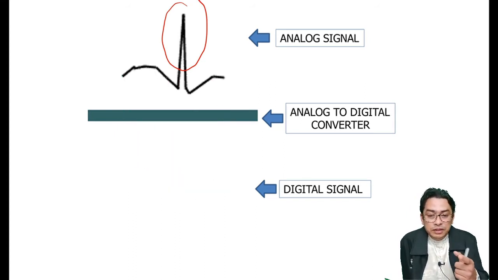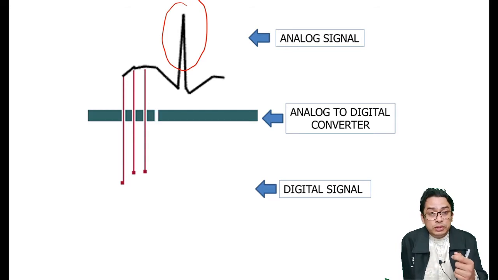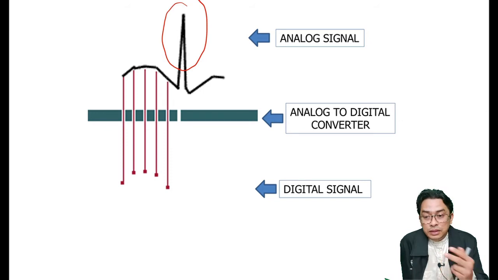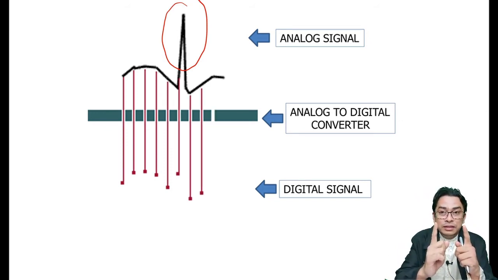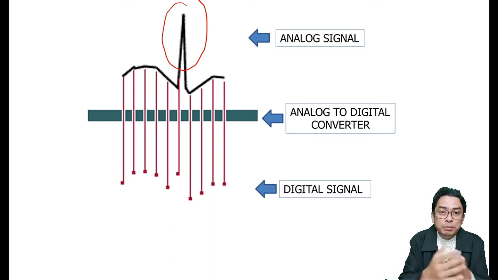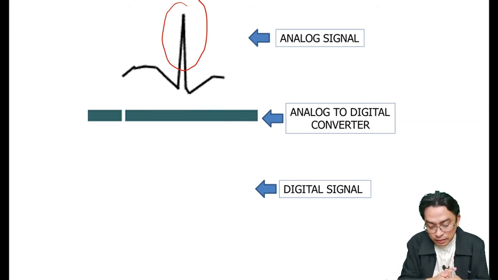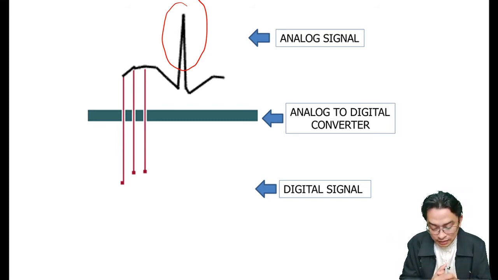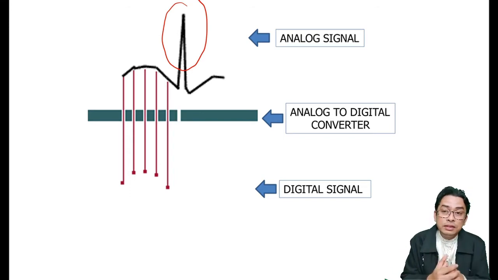But the problem is, if we have too many samples, it will give us problems in terms of storage, because one sample is one bit. So if we get, let's say, a million samples only to measure a short period of signal, maybe we have problems in terms of storage. But if we don't store the signal, then it should be okay, because there are applications where we only view the signal.